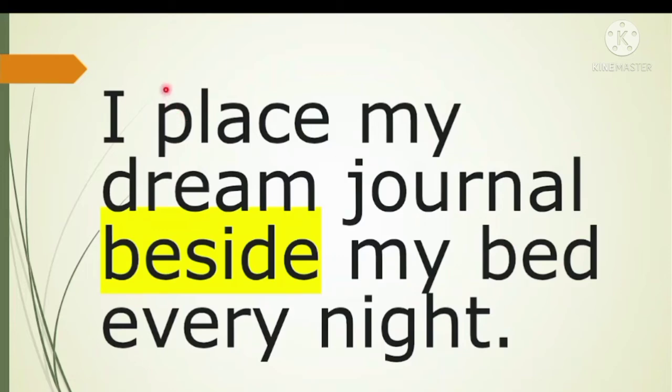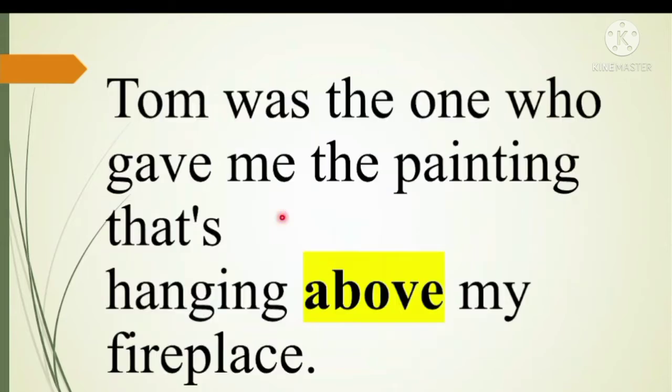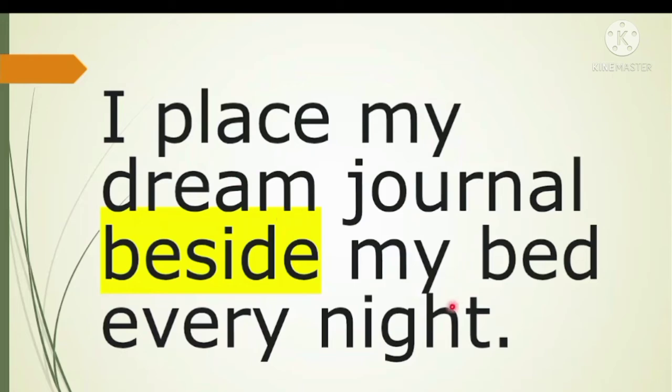The next one, I placed my dream journal beside my bed every night. The same thing with above. It also states the whereabouts of a certain object. The dream journal can be located beside my bed.